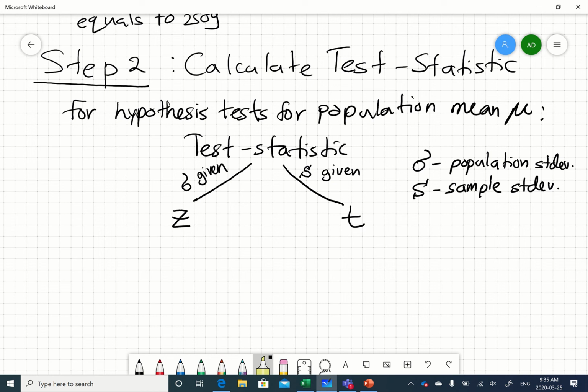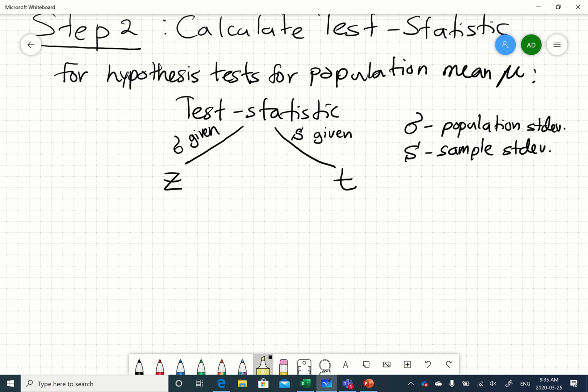If there's no way for us to accurately acquire the population standard deviation, then we use the sample standard deviation. In that case, we are using the T approach. And for a hypothesis test for proportion, we don't have to make that choice. It's always a Z value.